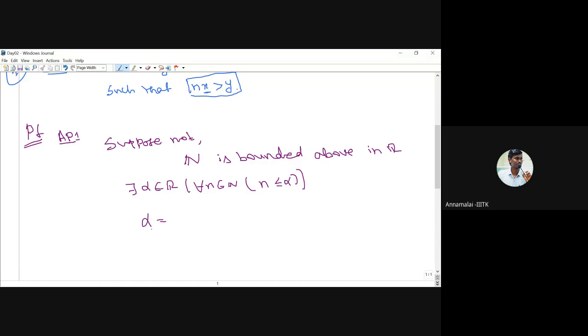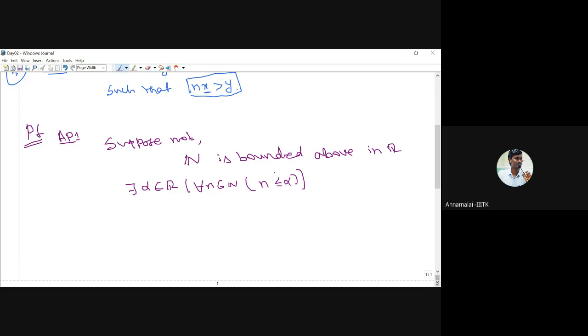So alpha is an upper bound. If you remove one small quantity from alpha, that is not an upper bound. Anyway, we have to use the LUB axiom, an application of the LUB axiom.